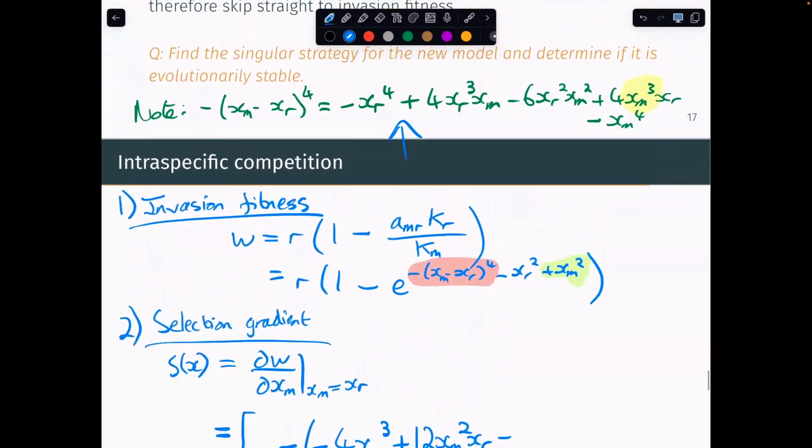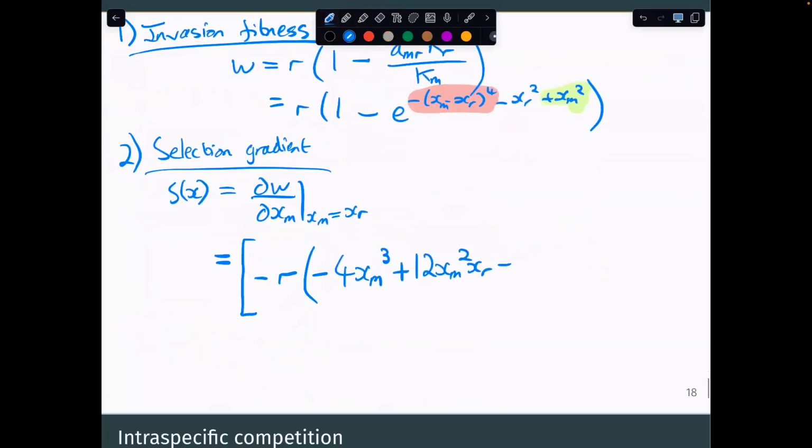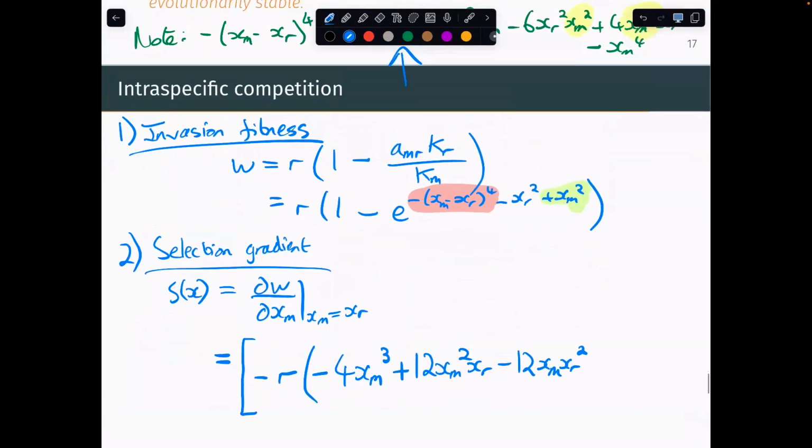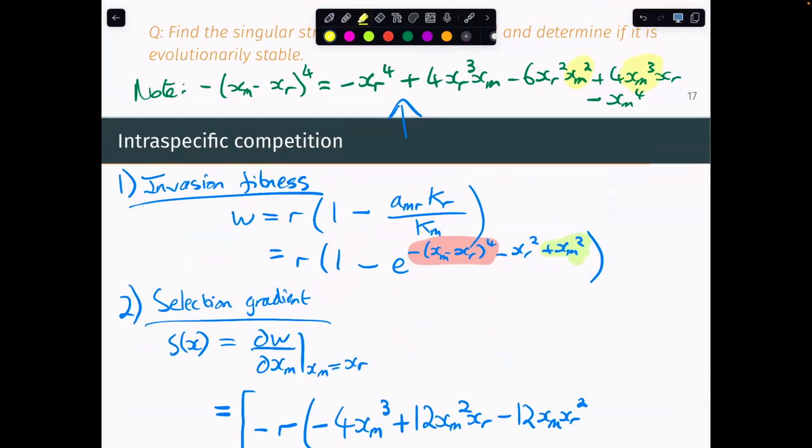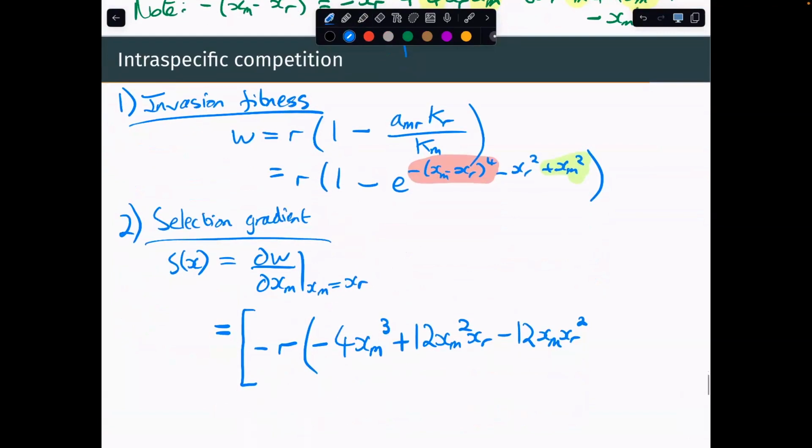We are going to have our squared term here. The 2 we're doing for xm squared, when we take the derivative of this, the 2 is going to come to the front, so minus 6 times by 2, so we have minus 12 xm xr squared. This term here was linear in xm. So we just have 4xr cubed.